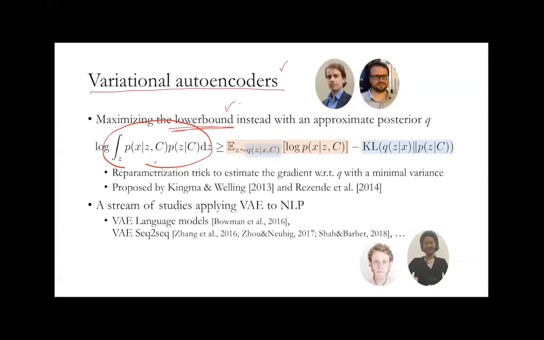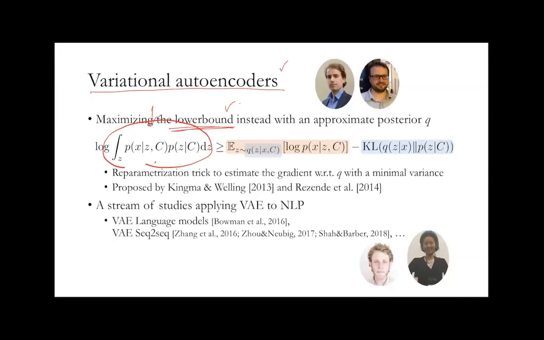Now, computing a lower bound is always useful when we try to maximize something. So what was the goal of language modeling? It was to maximize the log probability of the correct sequence. And in particular, with latent variable models, we want to maximize the log marginal probability of the correct sequence, but computing this marginalization is very, very difficult.